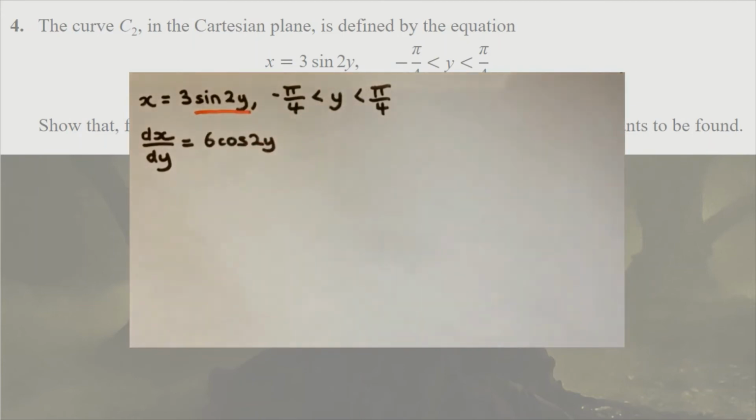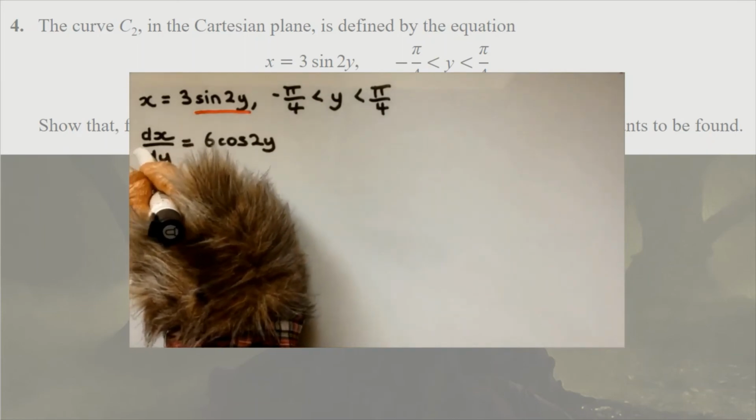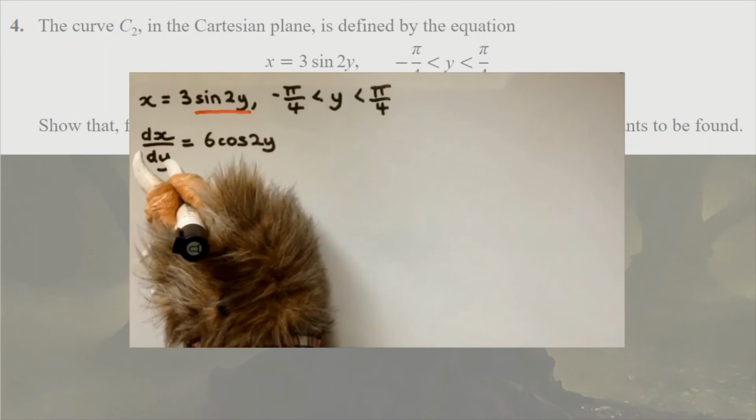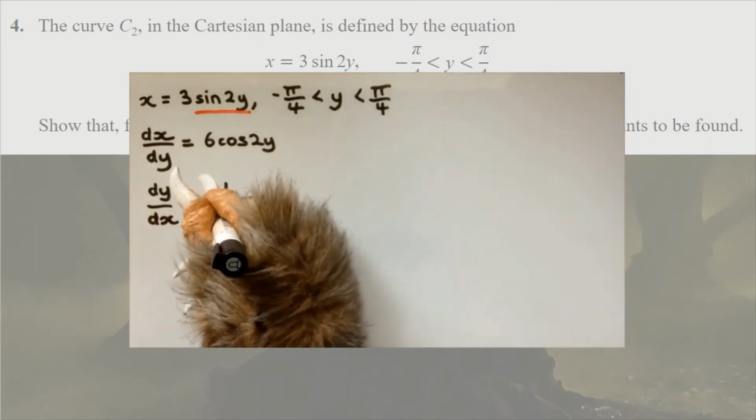Bit of chain rule perhaps, but pretty much a standard result. Alright, now if you look at that, then you'll think, well, okay, I've got dx by dy, I want dy by dx, let's reciprocate both sides of the equation. So dy by dx is going to equal 1 over 6 cos 2y.